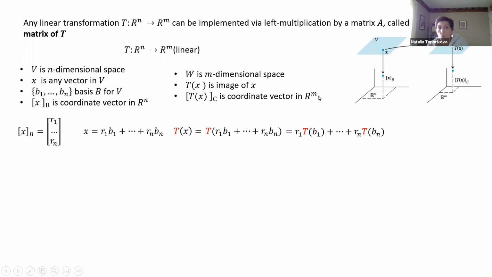and then multiply each transformation by a constant. So what we get at the end is a linear combination of our coordinates r1 to rn and the images of our basis vectors from b1 to bn.